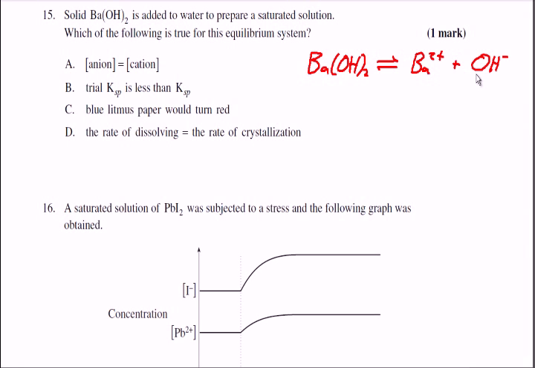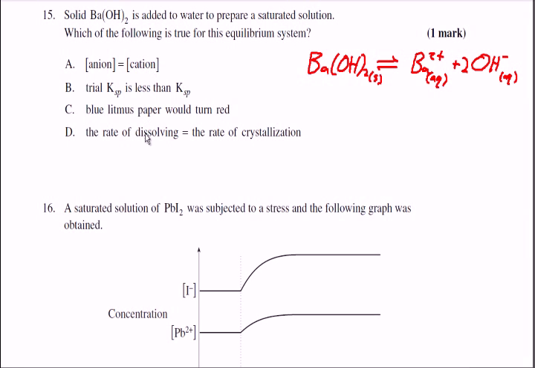Okay, there's two hydroxides here, and so therefore it makes two hydroxide ions. We start with solid, and we end up with aqueous, and it forms an equilibrium. Okay, and that's our equilibrium equation right here.